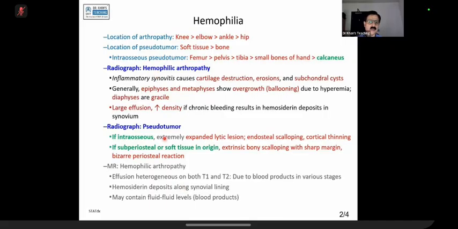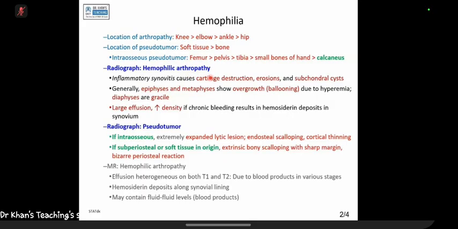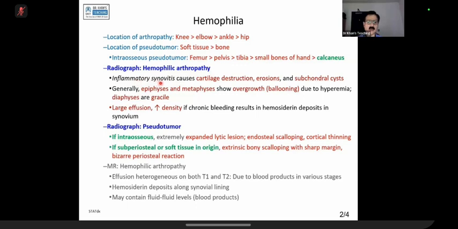Basically, if there is joint cavity bleeding, repeated bleeding, because of hyperemia, as the candidate pointed out very well, there will be inflammatory synovitis. And then there will be cartilaginous destruction, one. Number two, erosion.